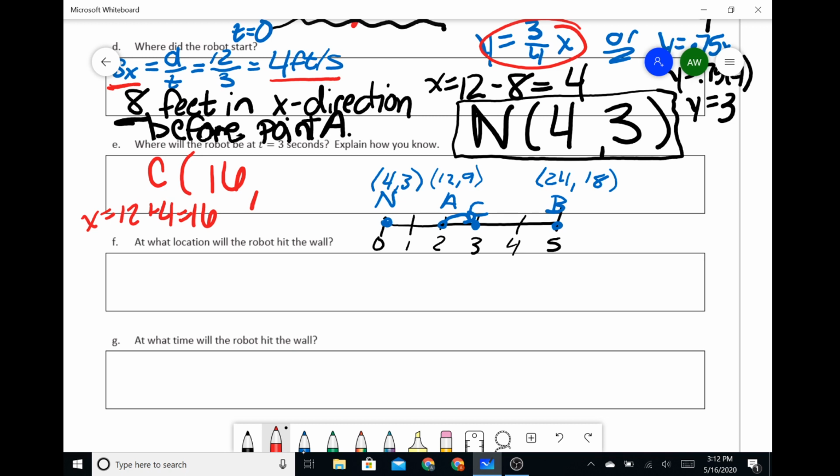So Y is equal to 0.75 times 16. Now if I take that 16, I multiply it by 0.75. You can check me again if you would like to, but I believe that this is 12. So that means that our final point is going to be 16, 12. You can let me know if that makes sense or if you have any questions.